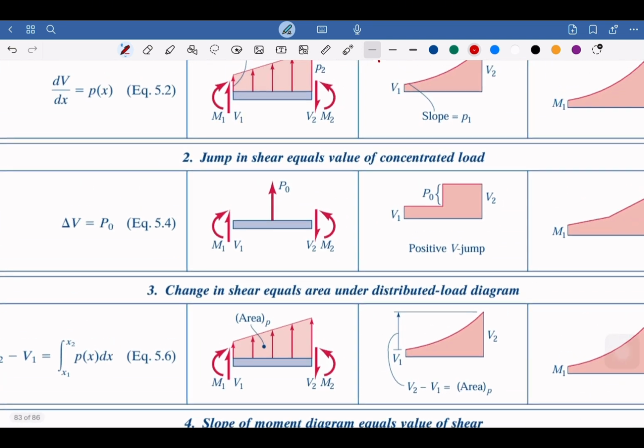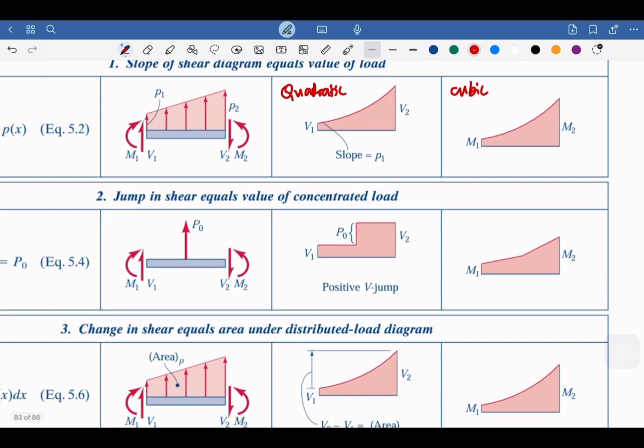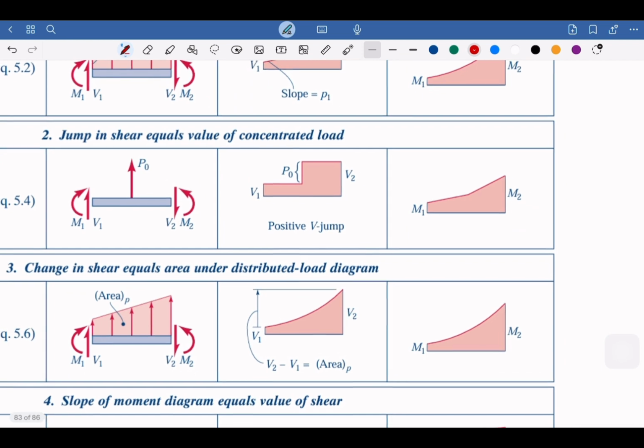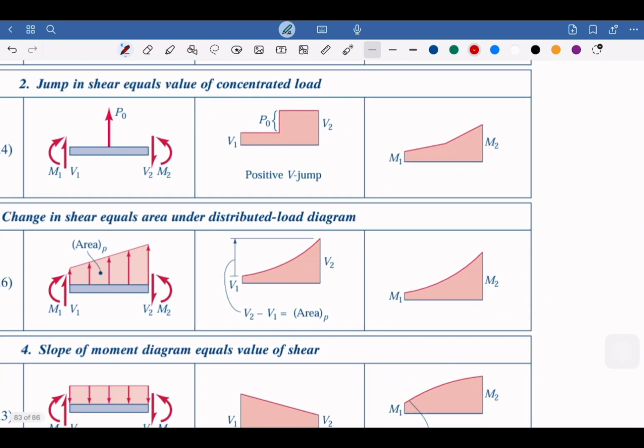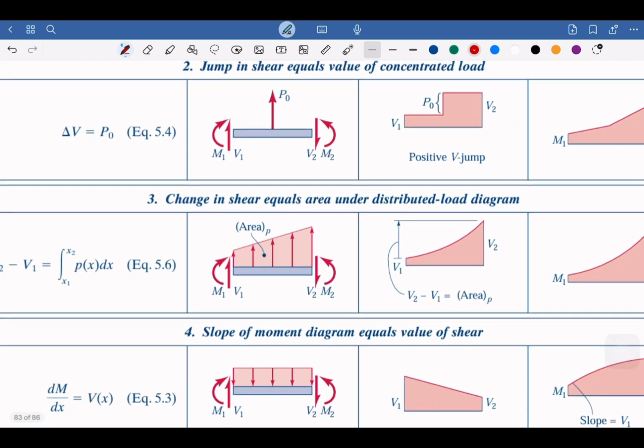The difference is that in the first one the slope is directly our load, but here we have the change in V, which is equal to the area, the integration of p(x).